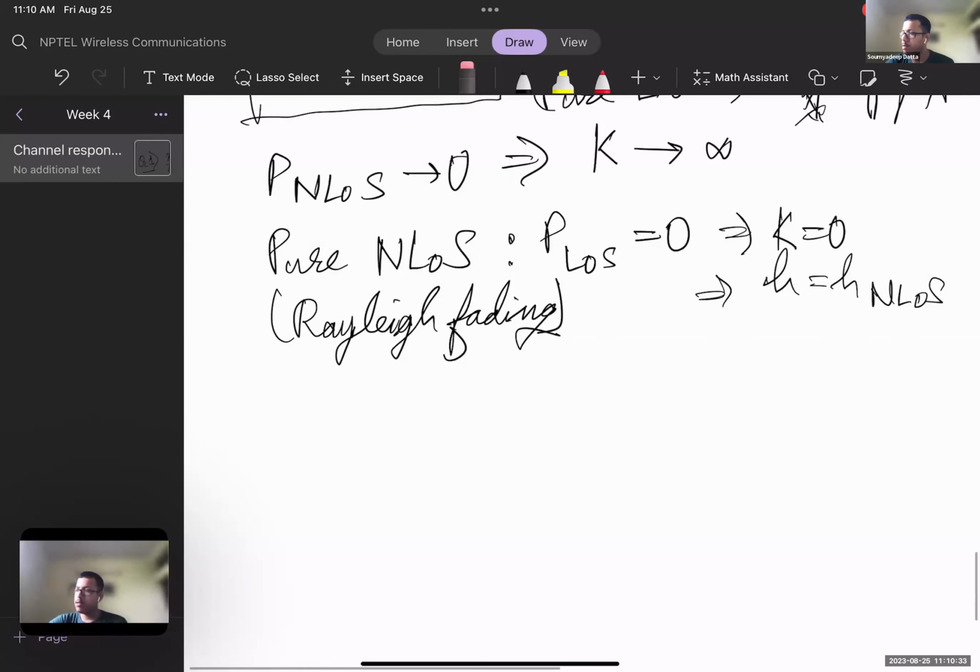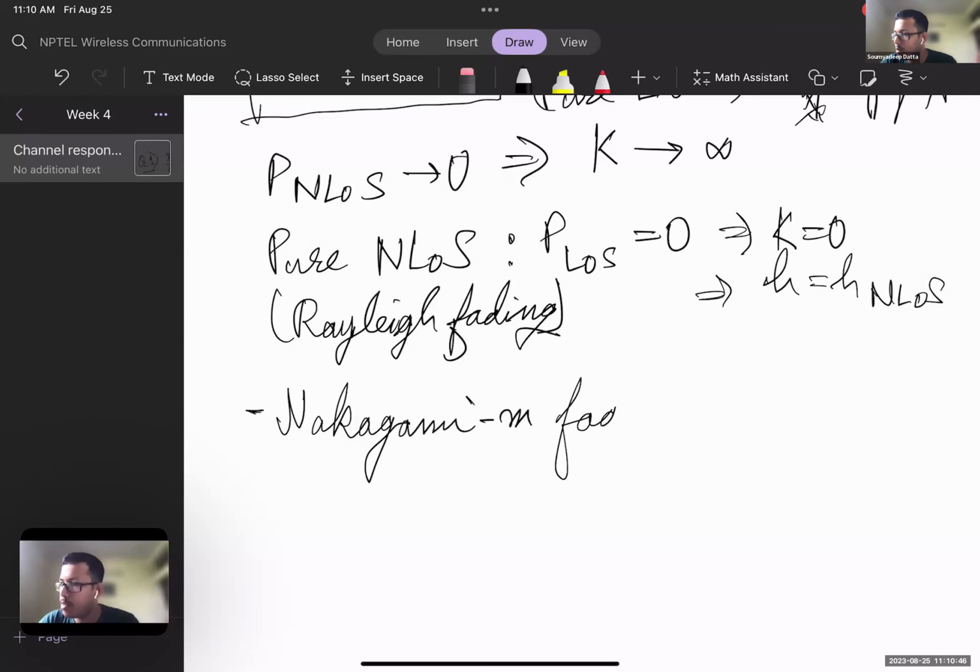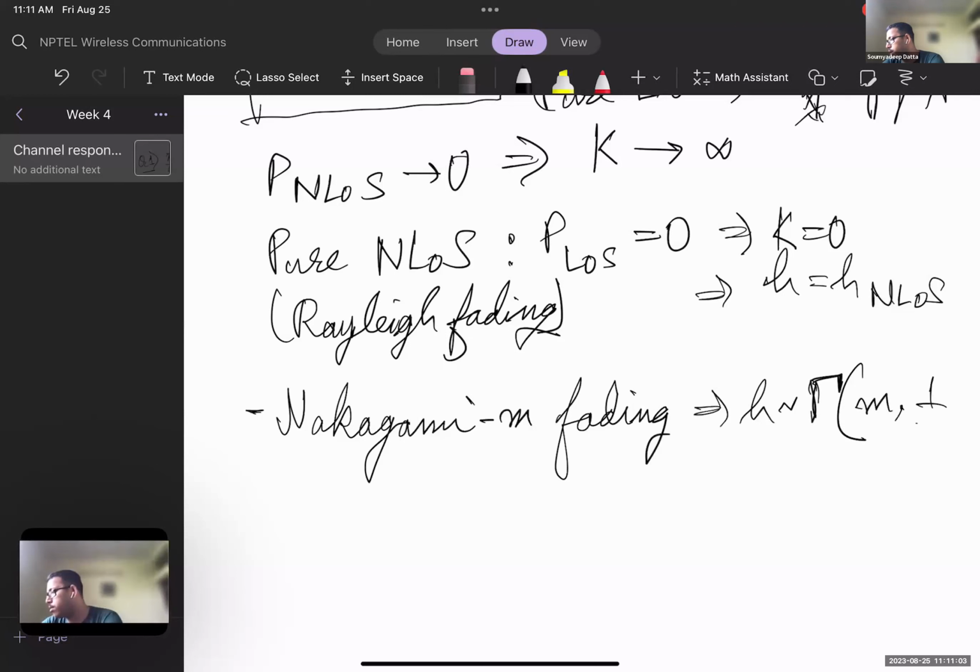And another important concept, which was told in the lecture, is another kind of fading that is commonly used, the Nakagami m fading, where you are modeling h as a gamma random variable with parameters m comma 1 by m. This fading channel topic does involve a lot of probability and statistics, so you have to get used to these.